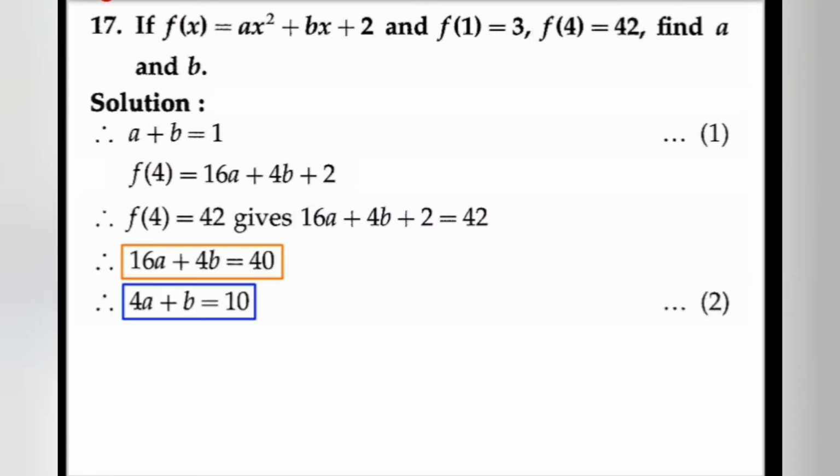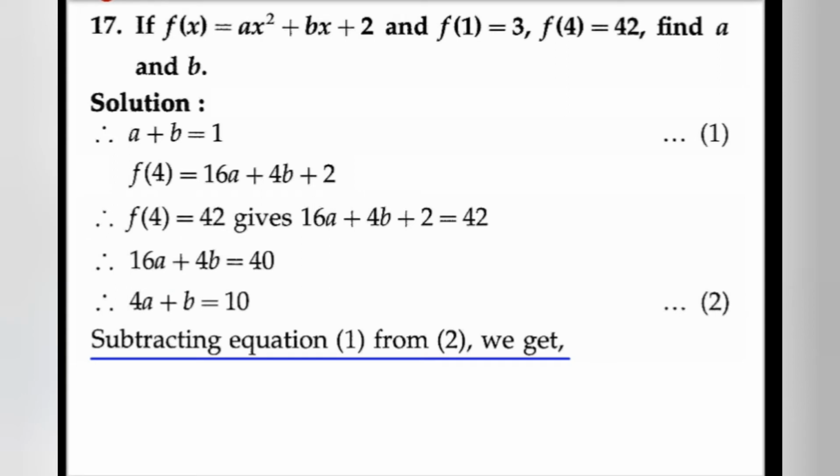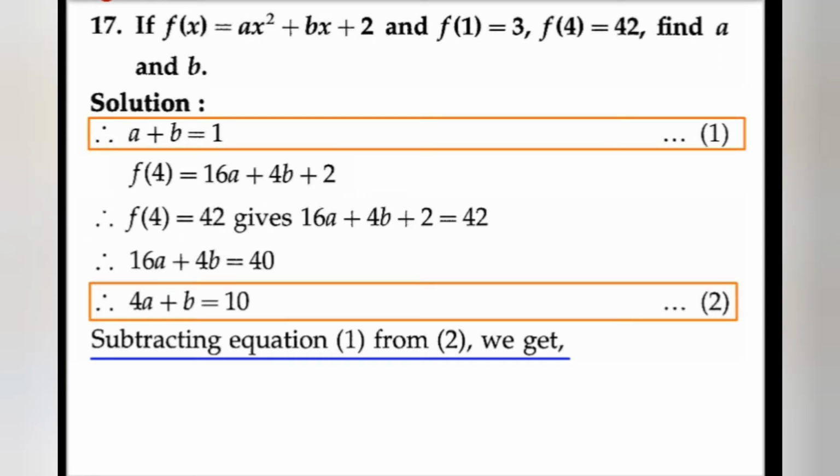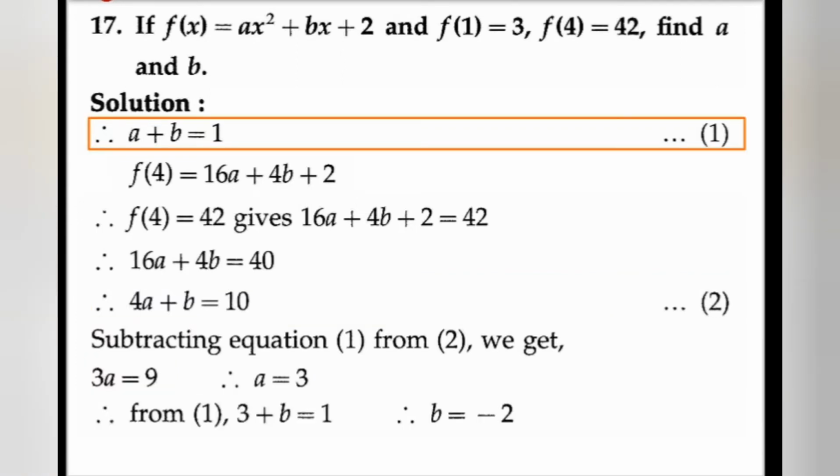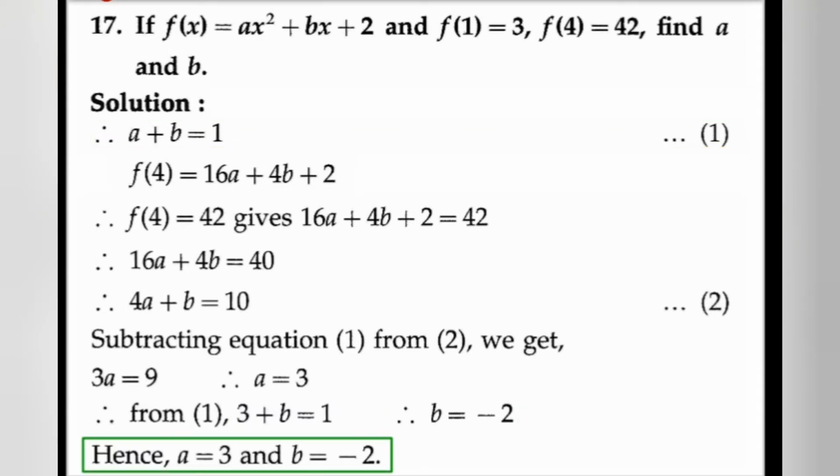So 4a plus b is equal to 10. Let us put this equation as 2. If you subtract equation 1 from 2, you get 3a as 9. So value of a is 3. From 1, 3 plus b is 1. So value of b is minus 2. Hence, a is 3 and b is minus 2.